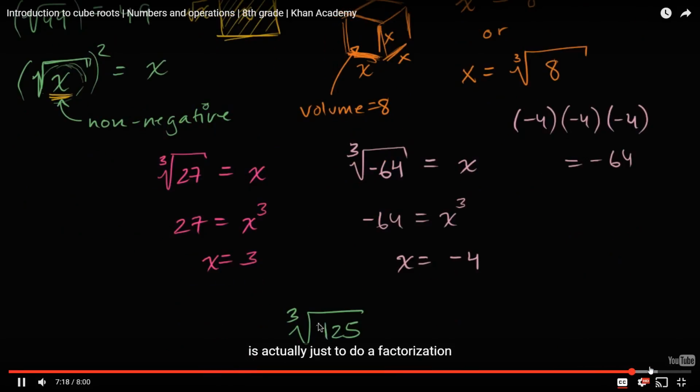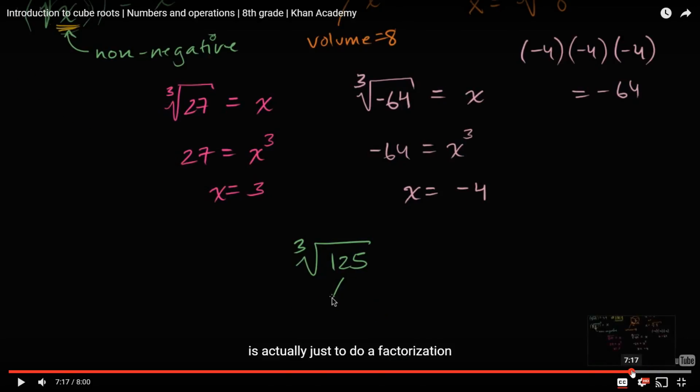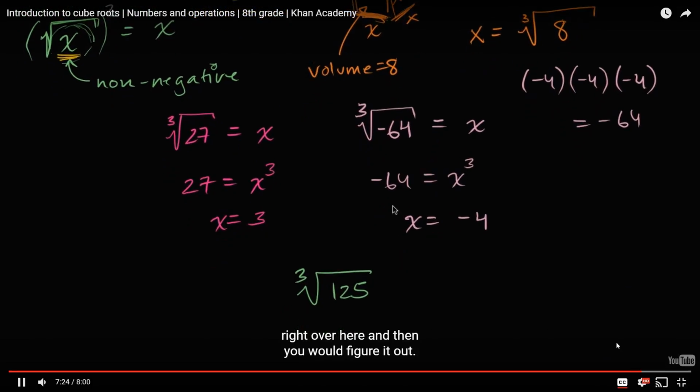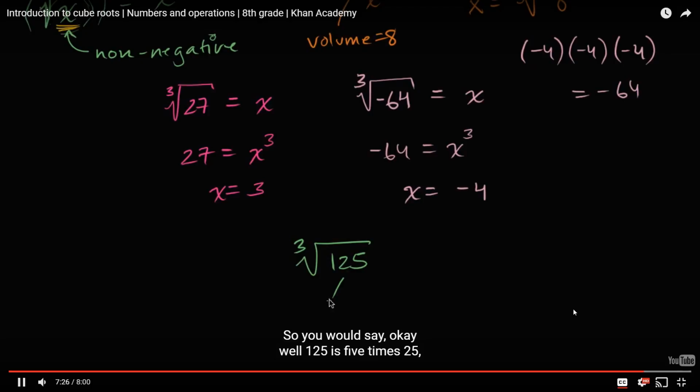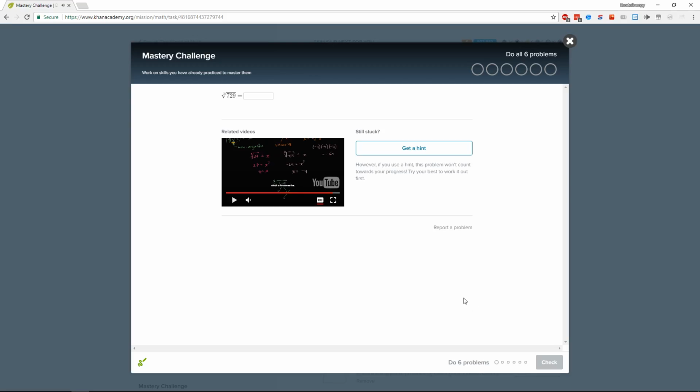Here's where he's talking about it. Do a prime factorization of this thing right over here, and then you would figure it out. So you would say, okay, well, 125 is 5 times 25. Okay, that's what I need to know. All I got to do is a prime factorization. No problem.